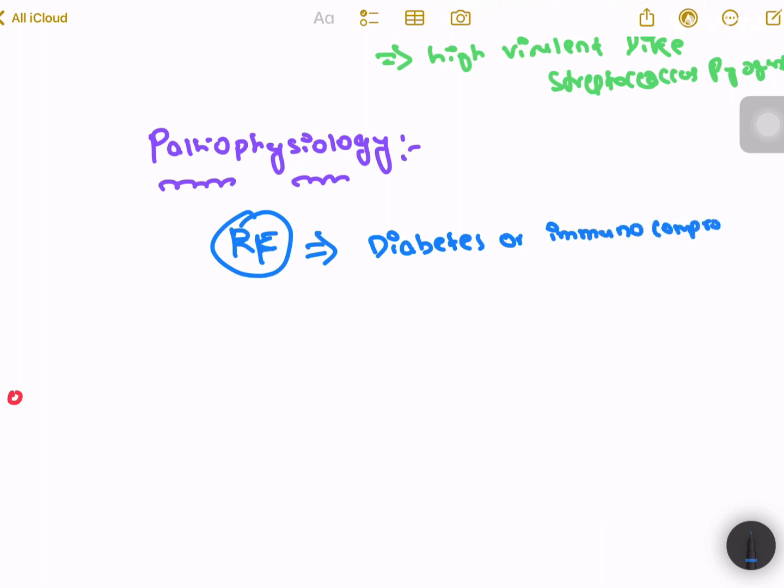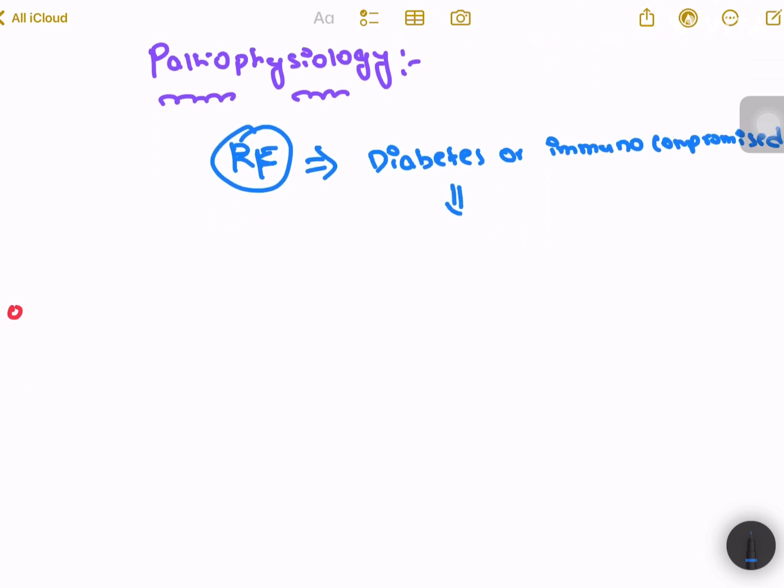What is the predisposing factor? It is injuries.